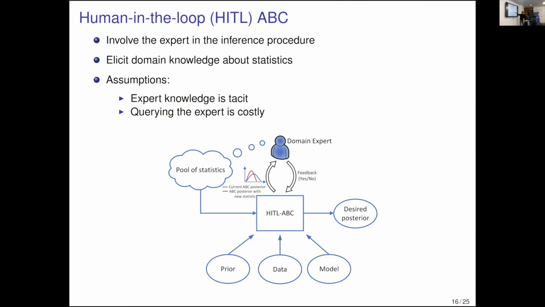They just give feedback based on yes or no. Then we incorporate that feedback and try to find the next best statistic, and this process goes on until we converge. That's our method in a nutshell. Here we assume that querying the expert is costly, their time is costly. We don't want to ask every little question, so we want to do it more cleverly than just picking one statistic at a time and asking them.